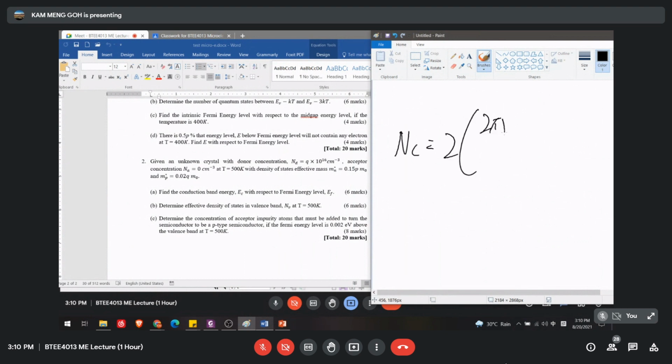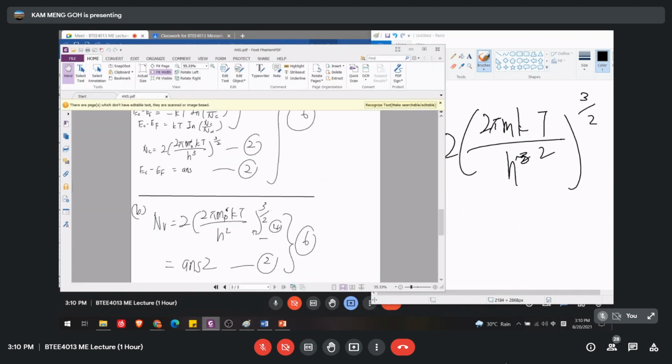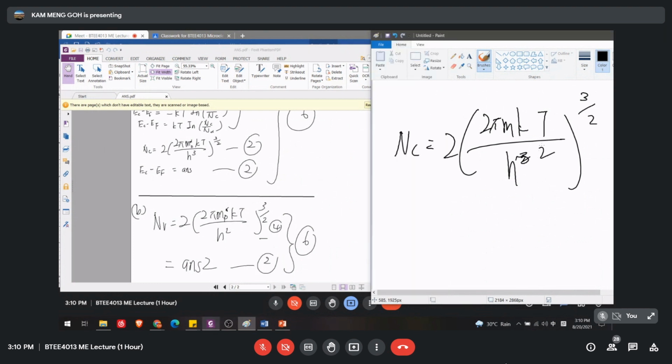2 pi mkt over h cube, 3 over 2, h squared, I think. Okay, here's the thing. H cube, not h squared, sorry. H cube. Okay, I think it's h squared. I just wrote it wrong here. No worry about it, h squared.